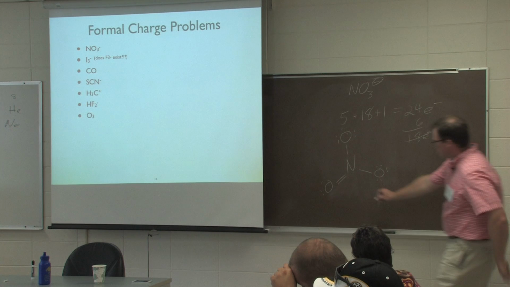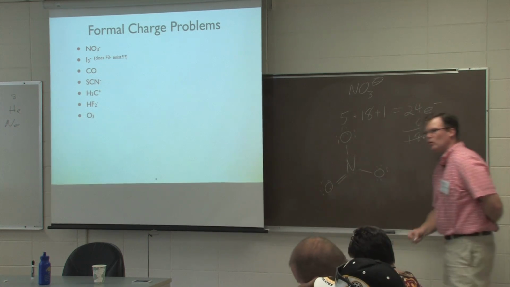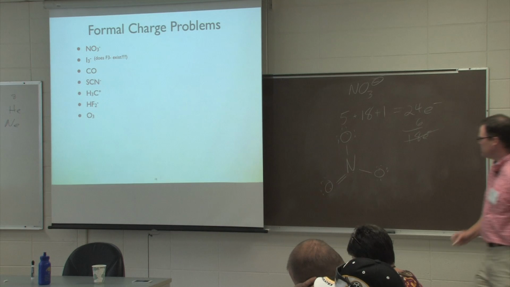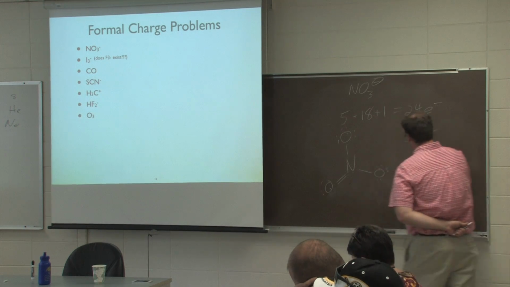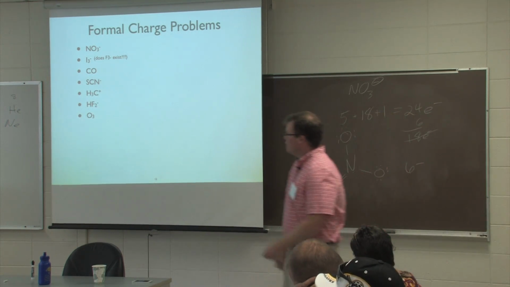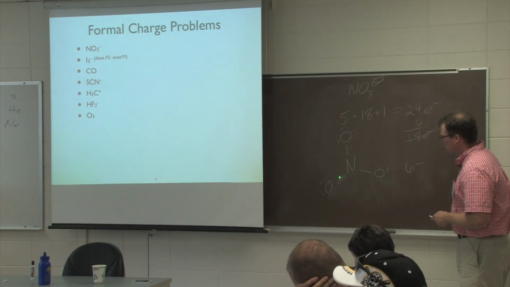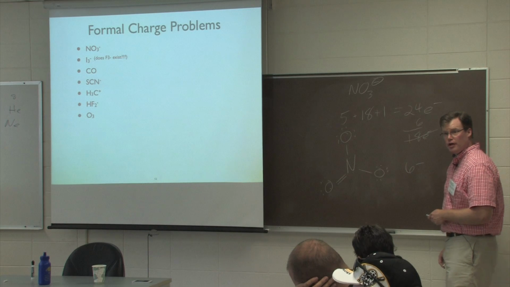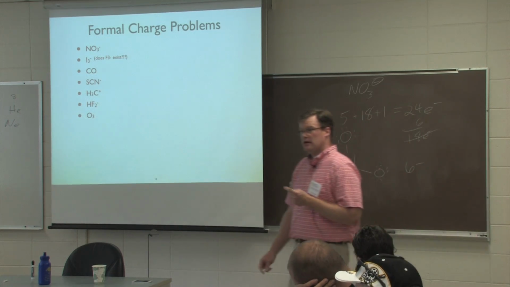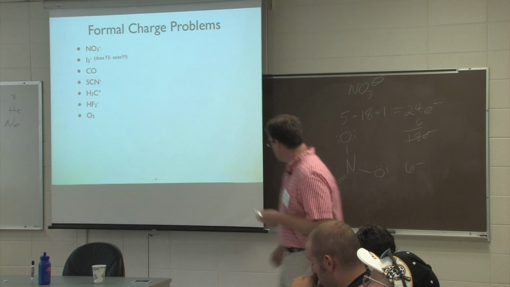Okay, so let's do this oxygen right here on the left. What group number is that in? 6. How many shared electrons does it have around it? It has 4 shared electrons around it: 4 in that double bond, 2 in each of these dashes here.